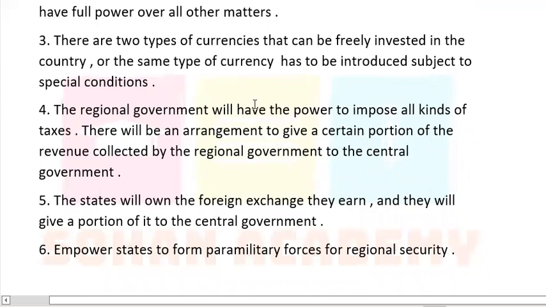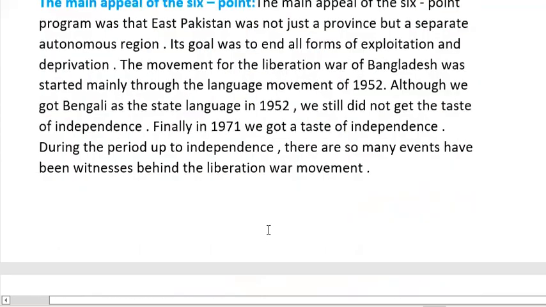The regional government will have the power to impose all kinds of taxes. There will be an arrangement to give a certain portion of the revenue collected by the regional government to the central government. Number 5. The states will own the foreign exchange they earn, and they will give a portion of it to the central government. 6. Empower states to form paramilitary forces for regional security.